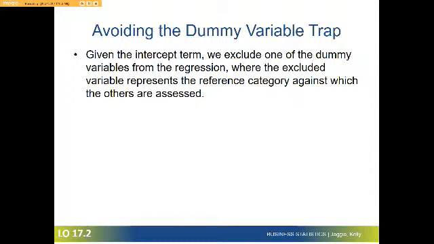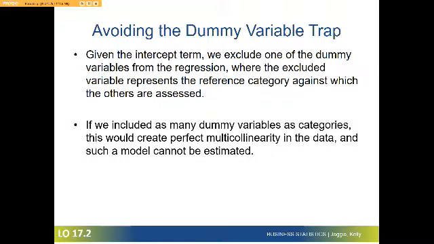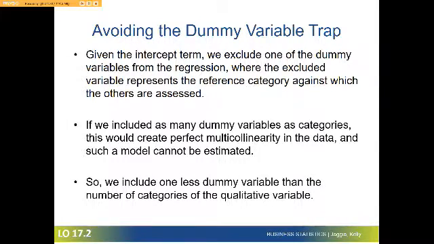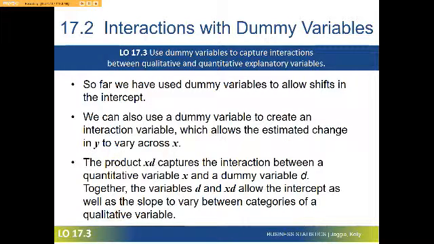As we go through, we saw that the intercept before was a dummy variable. We have to be really careful about this trap, because when you have too many, lots of correlation happens. You really can't do a good job of estimating a model, and we end up with models that don't work. This is why we have to say 1 less dummy variable than the total number of categories in the area we're trying to look at.